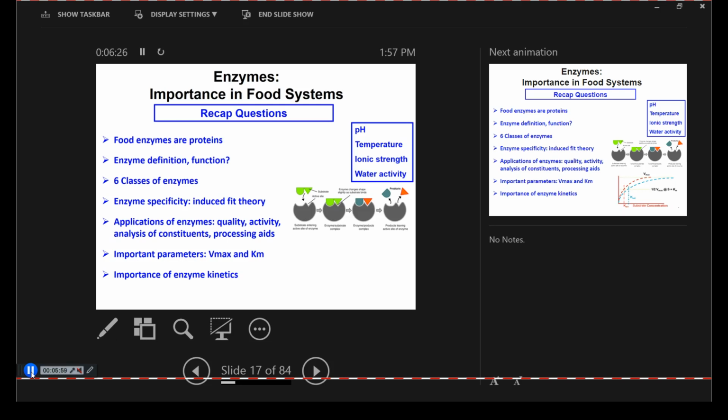We analyze alpha amylase to determine the activity, determine if starch has been broken down and will impact viscosity. But as an analysis of constituents, for example, determining glucose or determining total starch, we use enzyme kits to allow us to do that. So it's used for analytical purposes in this case. So there are many examples, obviously, and we will be giving a lot of those.